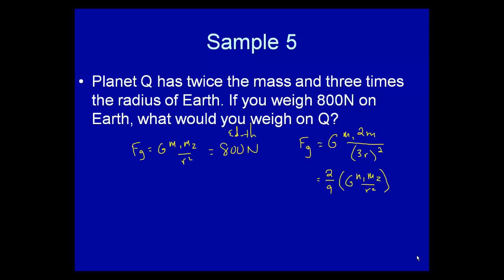So now we factor out the numbers that were not there before. You have 2 over 9 times g m1 m2 over r squared. Well, the advantage is I already know what those numbers are for Earth. So it's 2/9 times 800 newtons. So therefore 177.8 newtons. I hope this helped.